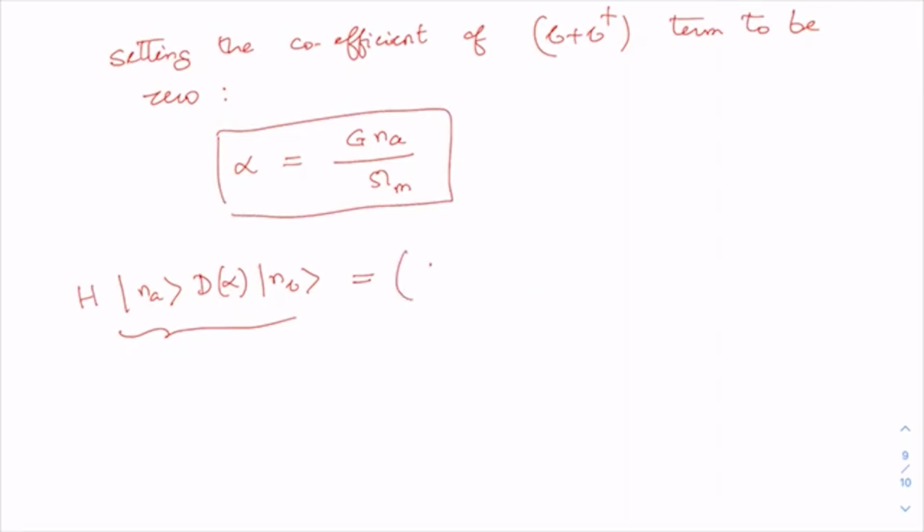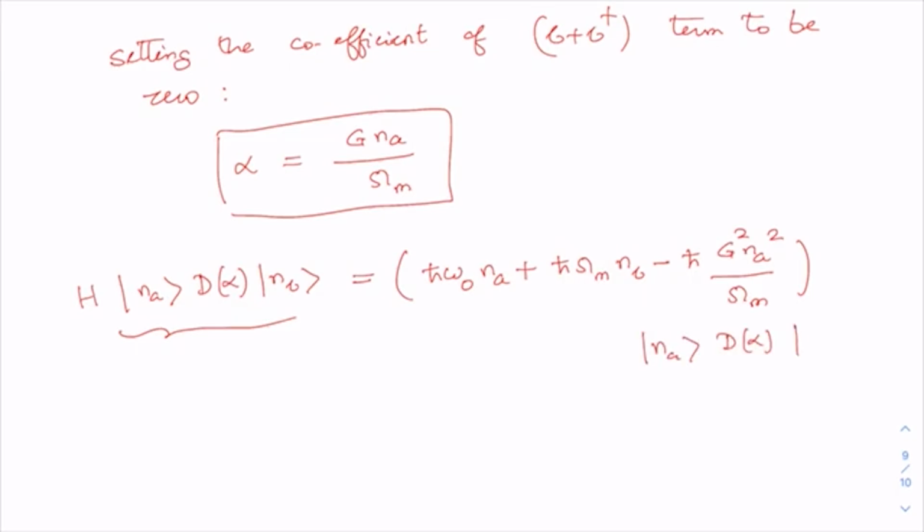You will get ħω₀n_a plus ħΩ_m n_b minus ħ z² n_a² divided by Ω_m, and you will have |n_a, d(alpha), n_b⟩. So this is your eigenstate and this is your eigenvalue, right?